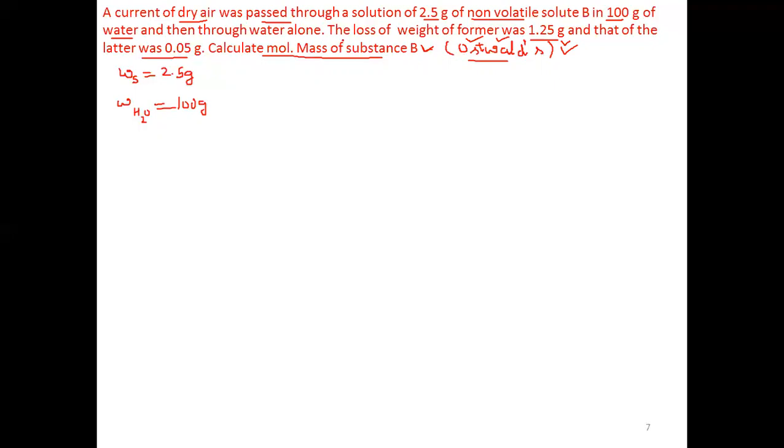Now the loss of weight of the former means when the dry air passed through the solution, the solution bulbs had a weight loss of 1.25 gram, and that of pure water, when it passed through the bulbs containing pure water, was 0.05 gram. We have to calculate the molecular mass of the substance.